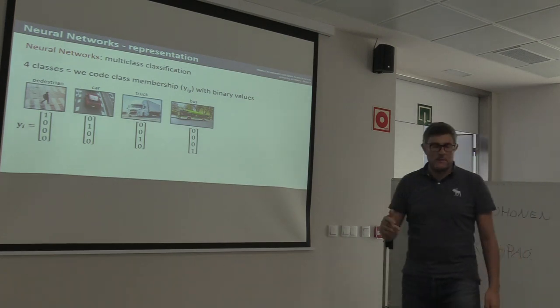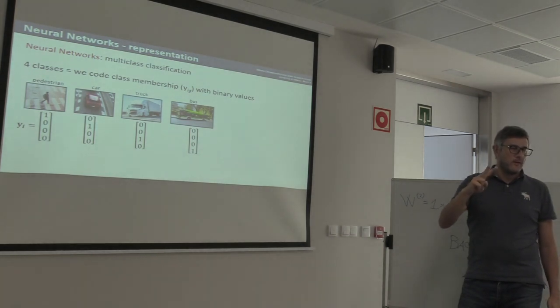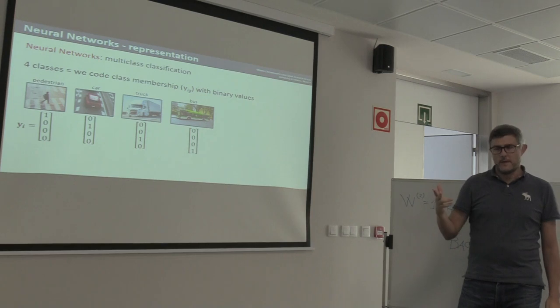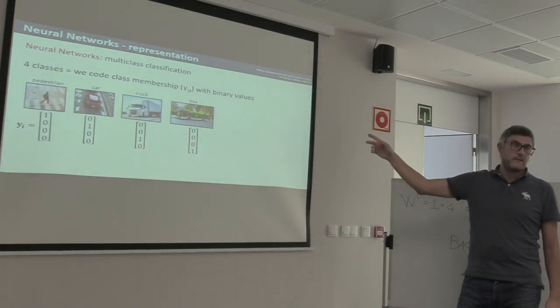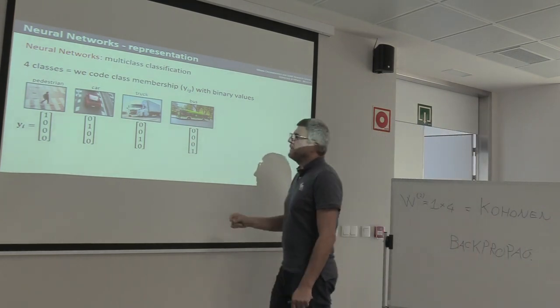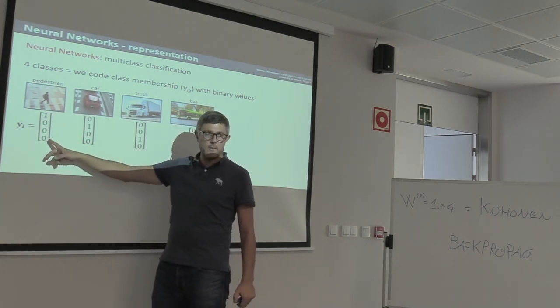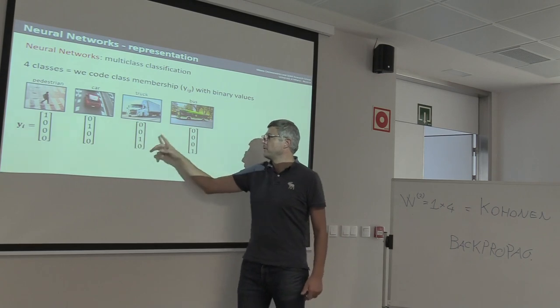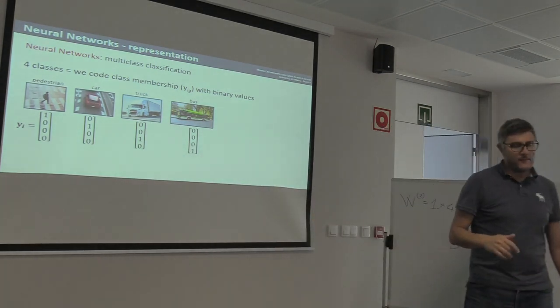We have seen so far with random forest and especially with support vector machine binary classification, which means 2 classes. But of course, you can deal with multi-class classification, so more than 2 classes. How do you do that? You code the class with binary vectors in this way.